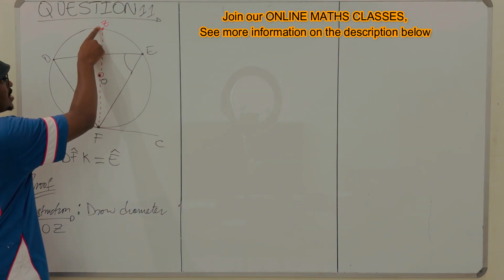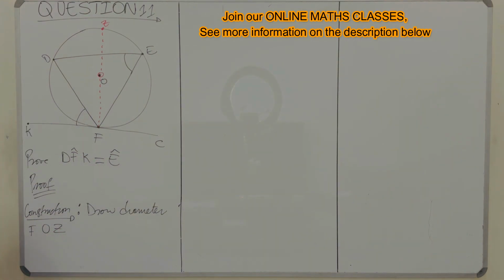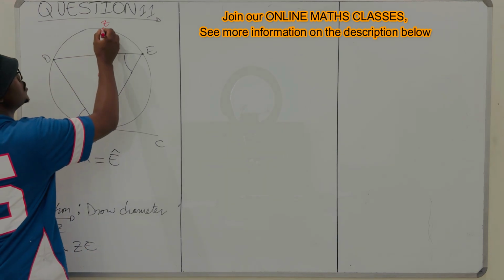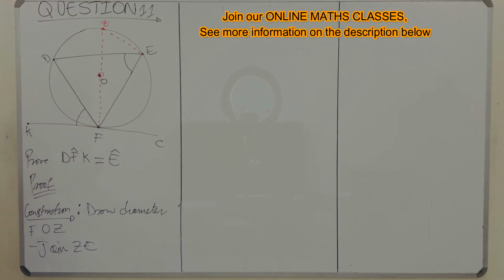Join this Z and E. You should join the two. So the second thing that we do is join ZE. Done. So you know this angle is this one over here.